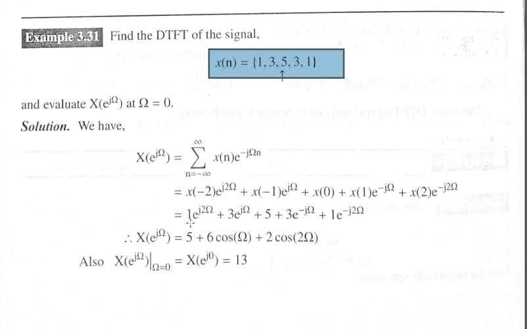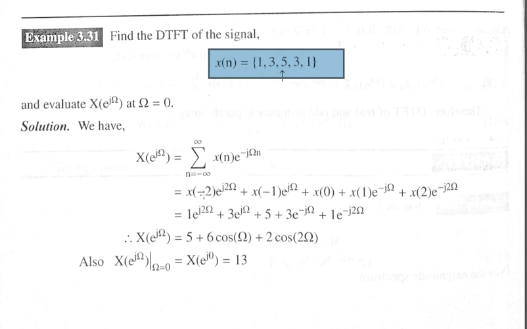So in this way it is x of -2 e raised to j 2 omega, minus of minus would be plus, then x of -1 e raised to minus j omega, n is -1, so it is j omega. X of 0 e to the power of n is 0, means we get e to the power 0, which is 1. So x of 1 e raised to minus j omega into 1, and x of 2 into e raised to minus j omega into 2.